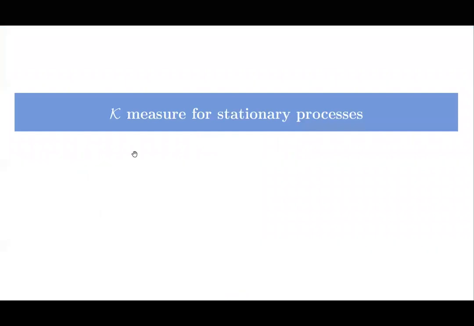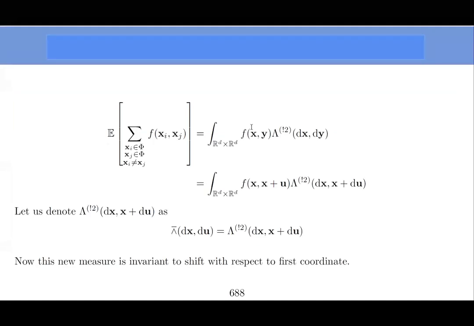Now we will define the K measure of stationary processes. This is similar to the second order moment, but there is some difference between the two.